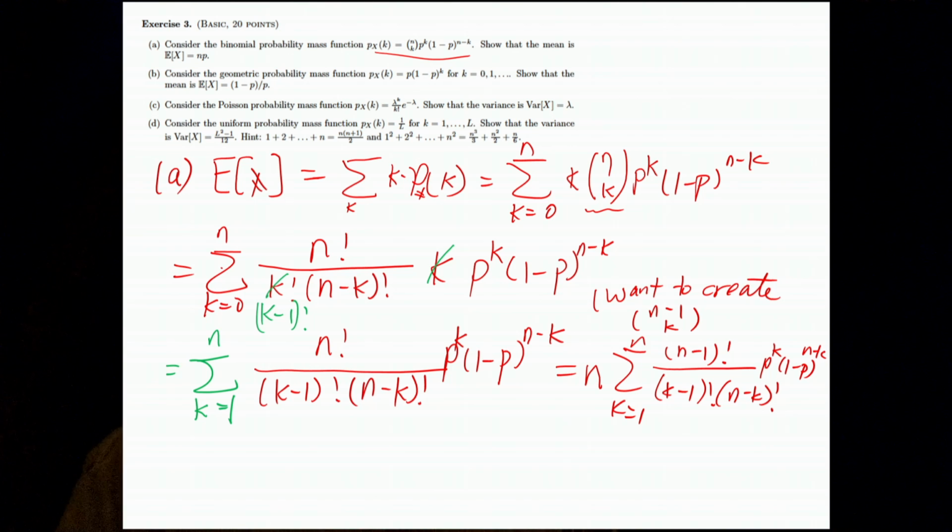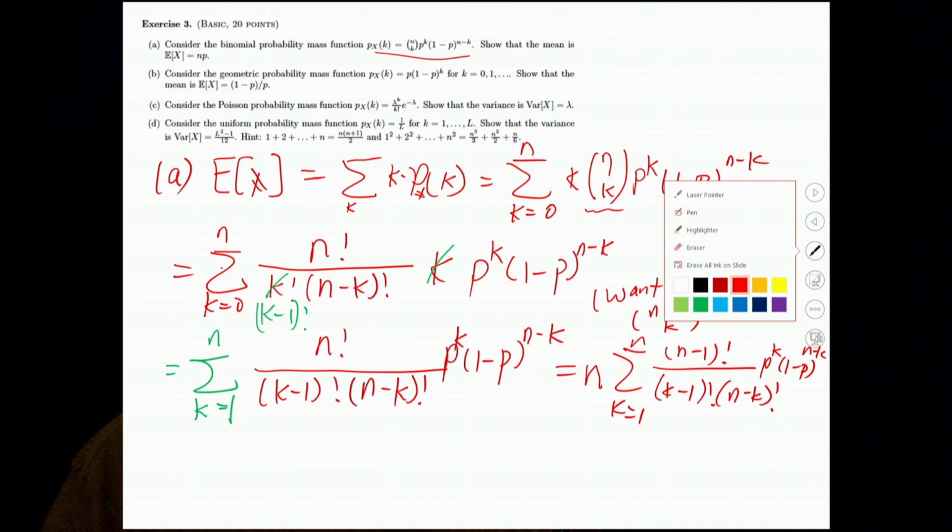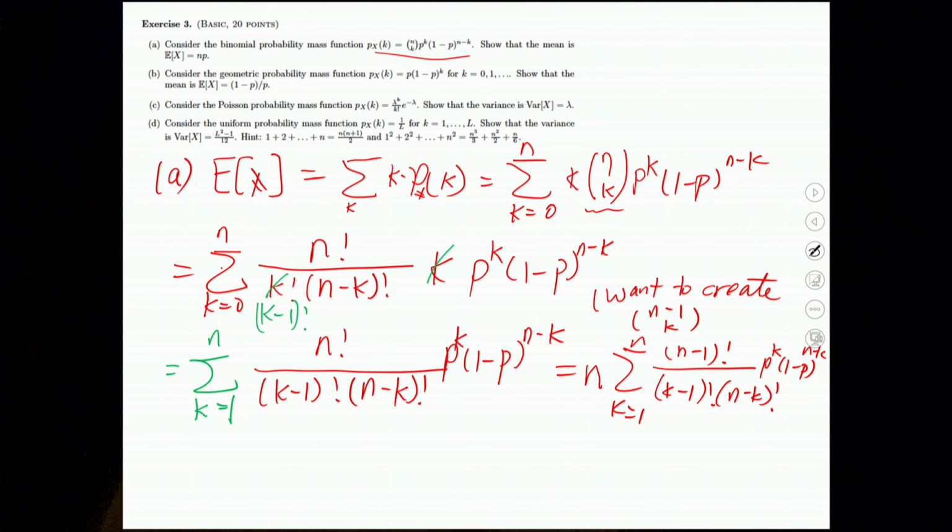Next, I want to have k prime equals k minus 1. What happened? I still have n and the summation, because k prime is k minus 1. So I have k prime equals 0 to n minus 1.